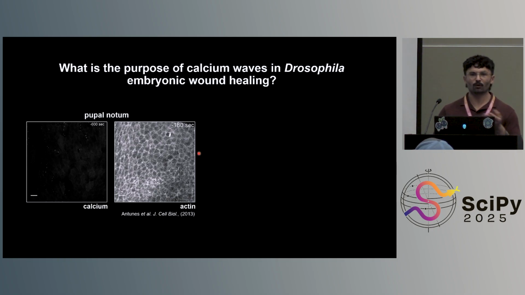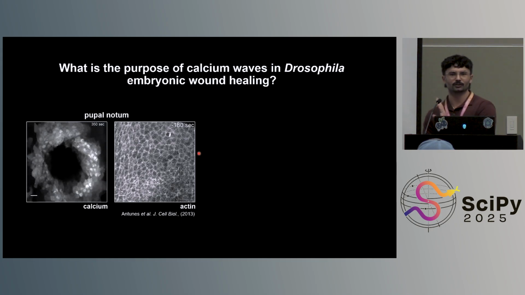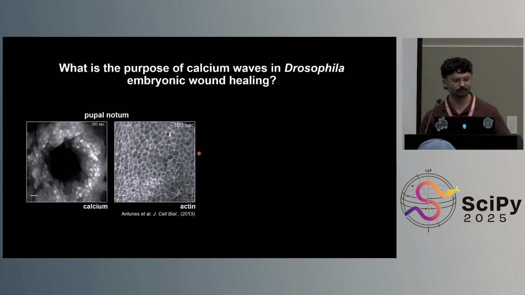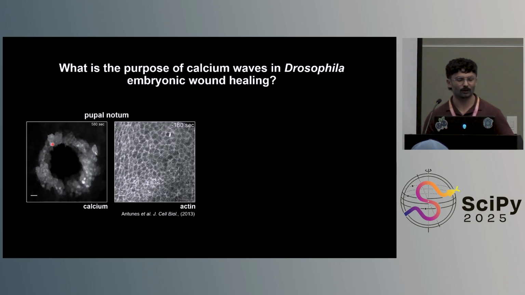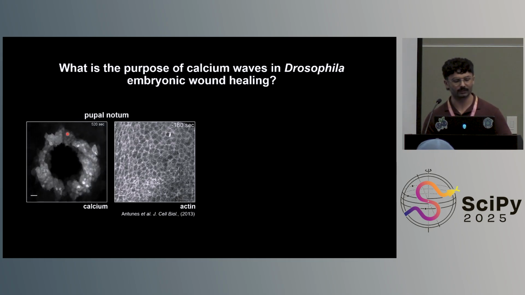And they are important for telling the cells that the wound is there and in order to start coordinating their responses. So, for example, in the pupal notum, which is just another tissue later on in the fruit fly life cycle, there is this large calcium wave that extends several cell rows away from the wound immediately upon wounding.